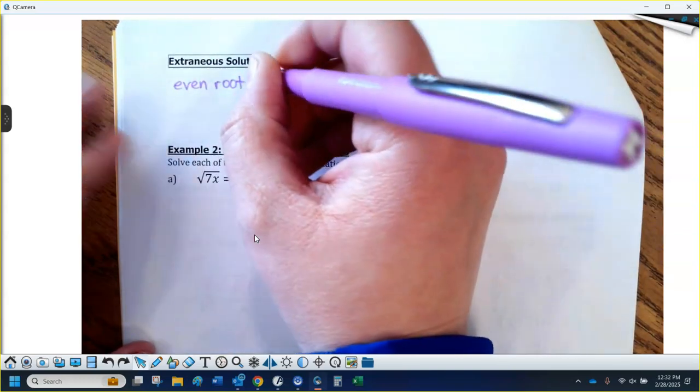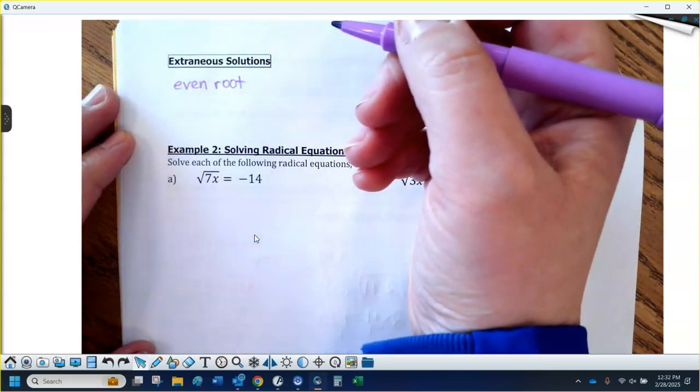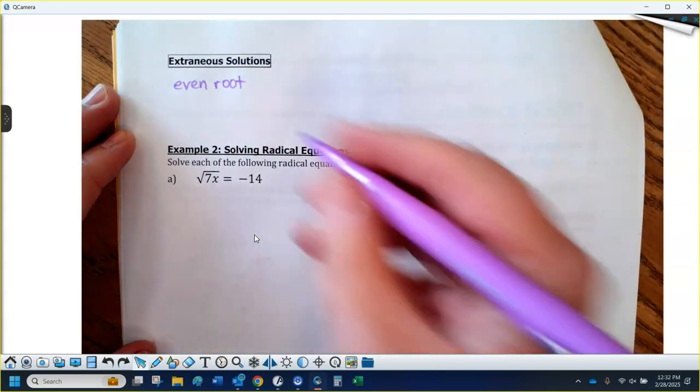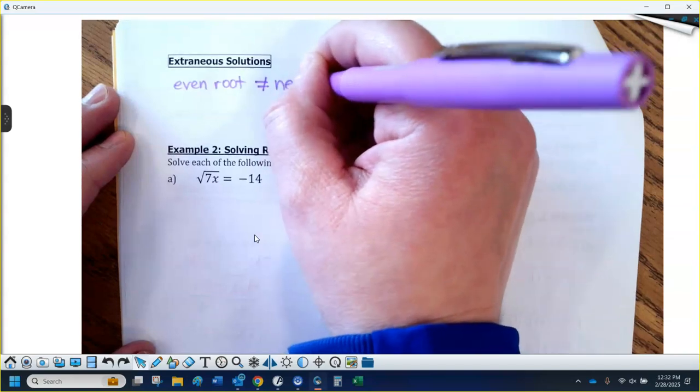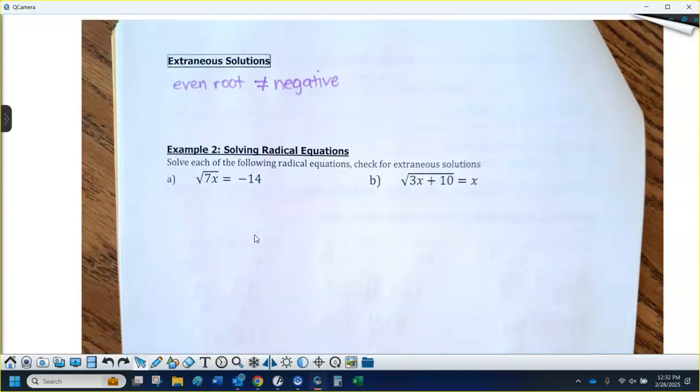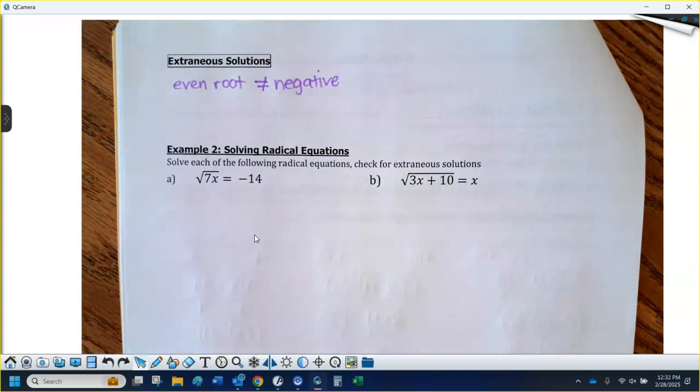An even root, like a fourth root, or most of the time I think the questions in this unit that you guys are going to see are going to be a square root. An even root cannot be equal to a negative number. Now, just in general, if we had a square root by itself and it was equal to a negative number, I just wouldn't even do that problem because it's not going to have a solution.